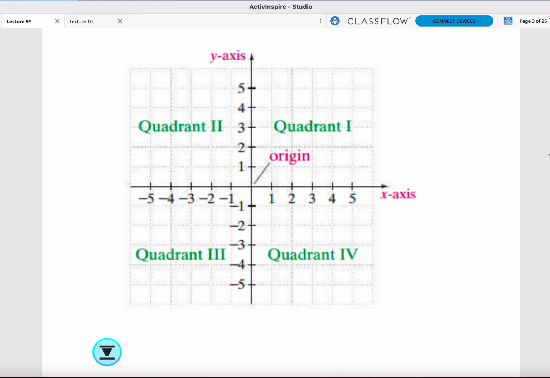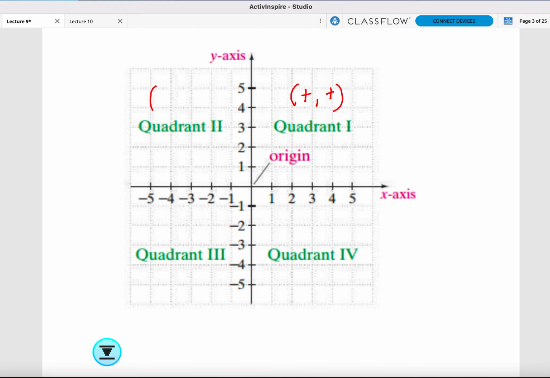Now we have four different quadrants that I need you to remember in this class. Quadrant one starts at the top right hand, and then the second one is to the left, the third is the bottom left, and the fourth is the bottom right. In quadrant one, both x and y are positive, because you see positive 1, 2, 3, 4, 5, and up 1, 2, 3, 4, 5.